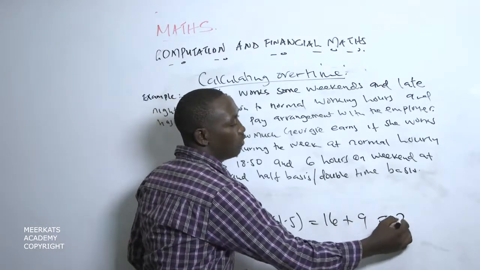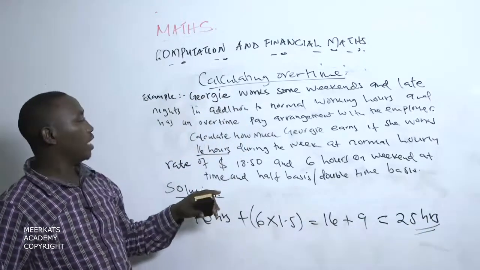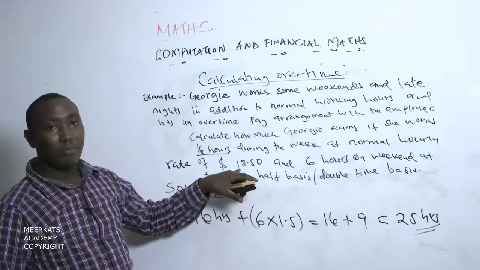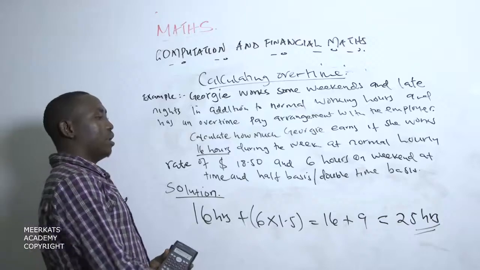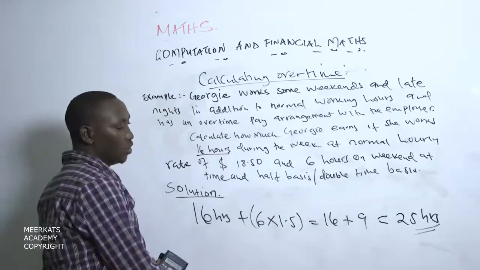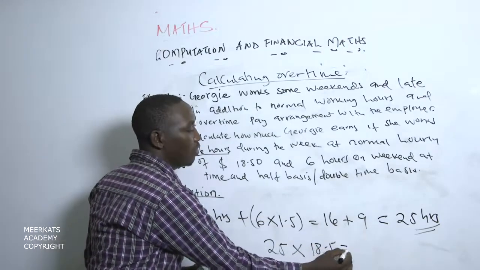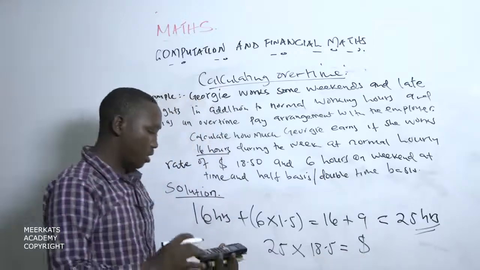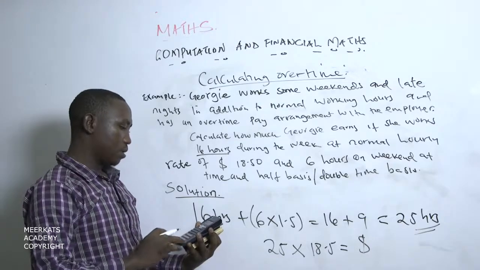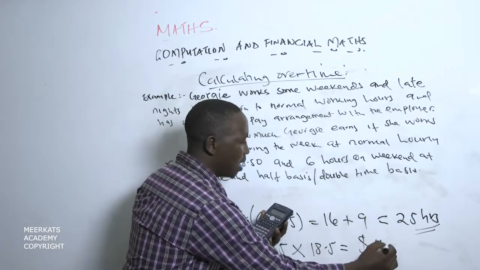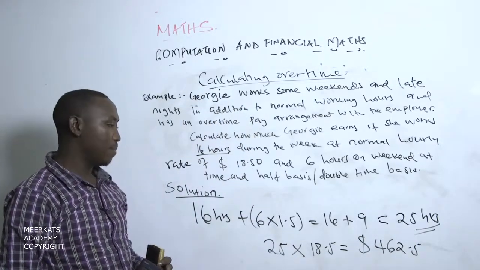So this will be a total of 25 hours. Now we have been told that in 1 hour, this person will be paid $18.5 US. Therefore, if she works for 25 hours, Georgia will earn 25 multiplied by 18.5, which is equivalent to 462.5 US dollars in a week.